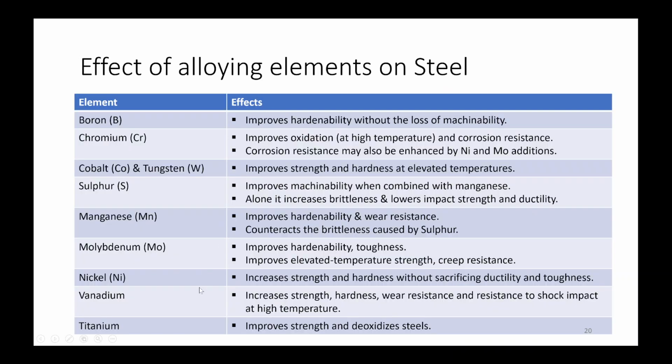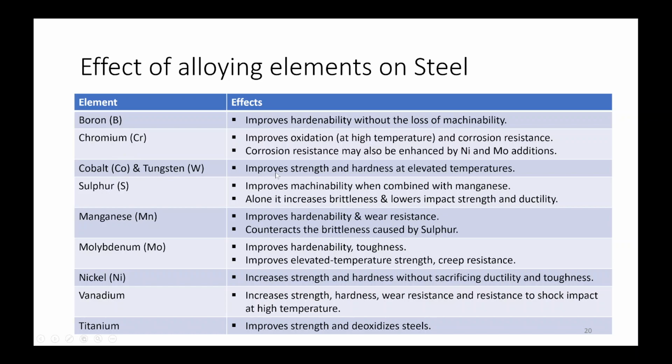Now these are some alloying elements that are added in steels and their effects. Boron is added for increasing hardenability without the loss of machinability, and chromium improves oxidation resistance and corrosion resistance, and corrosion resistance may also be enhanced by nickel and molybdenum additions.